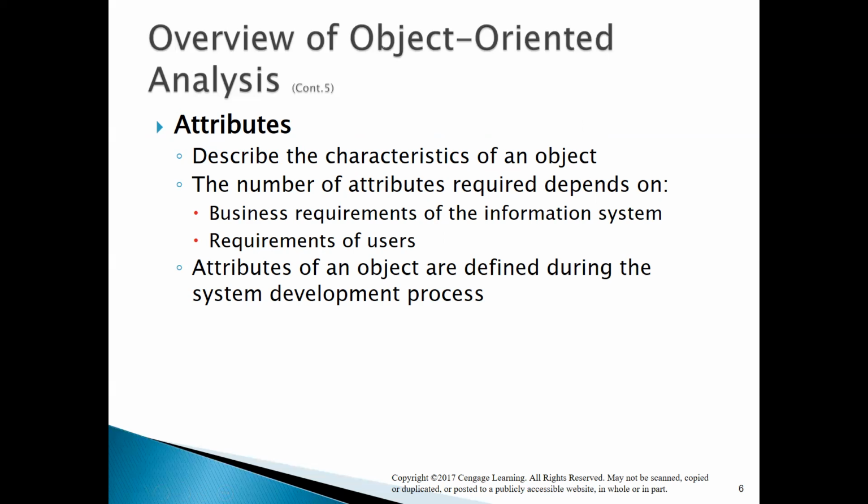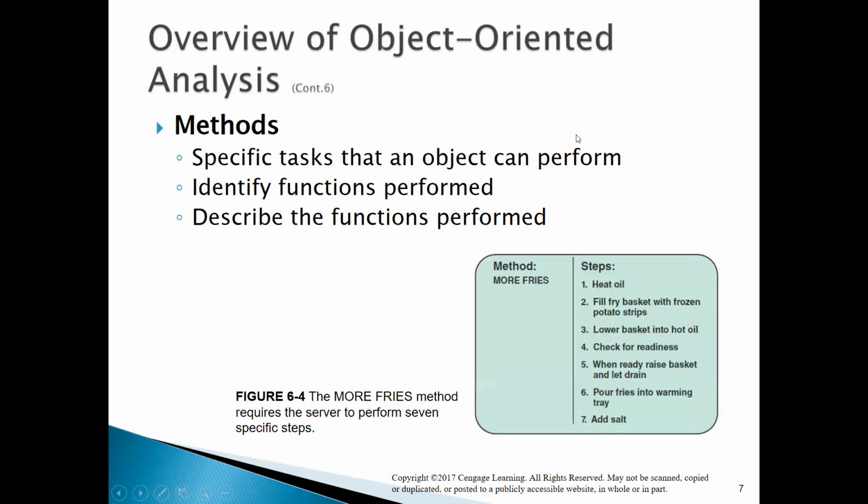After the term attributes, we have another term called methods. Method is also part of the object-oriented modeling phase. Okay, so methods are specific tasks that an object can perform. Remember, objects are things that you think of in designing a program, and that is done through the use of UML.